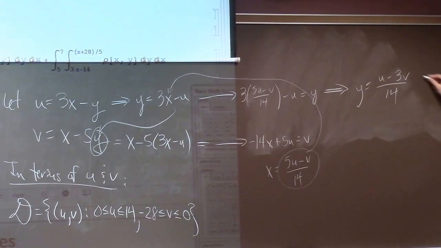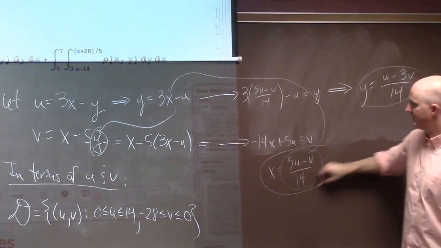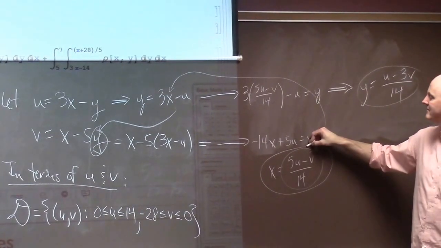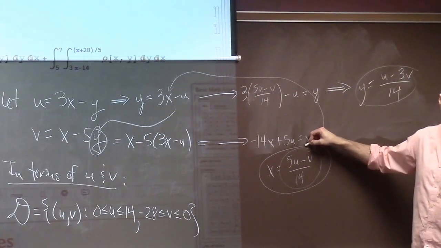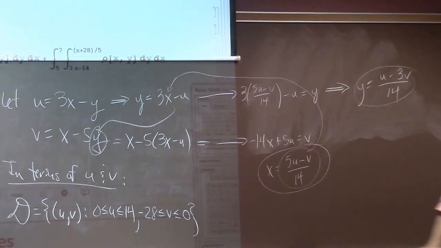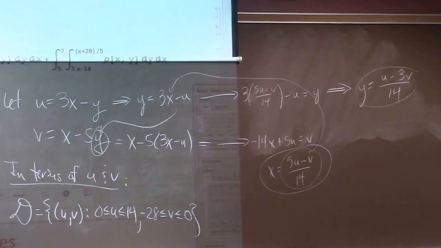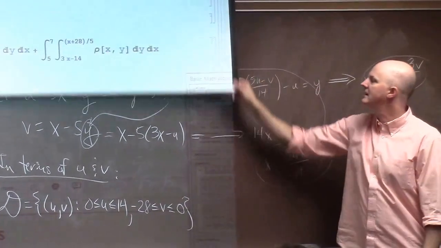I have to take these two things now and plug them into rho, which is not super pleasant, but it's not super unpleasant either, although the final answer does end up being more complicated than I expected.